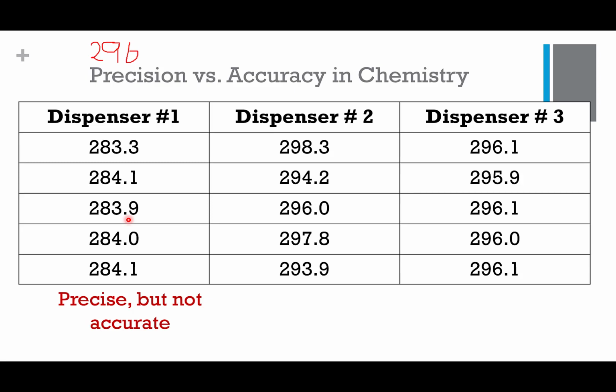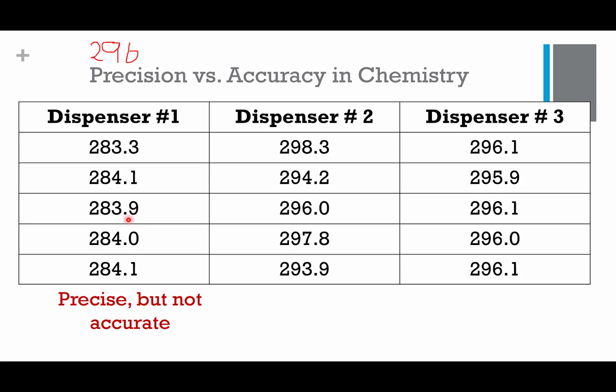Dispenser 2. I see dispenser 2 is getting a lot closer to that actual target. At least we're in the 90s on this one, right? 298.3, we missed the target high. 294.2, we missed the target low. Oh, on the third one, we nailed the target. 297.8, we missed high. 293.9, we missed low again.